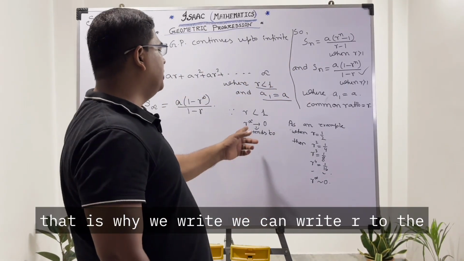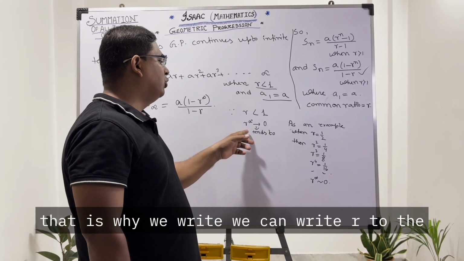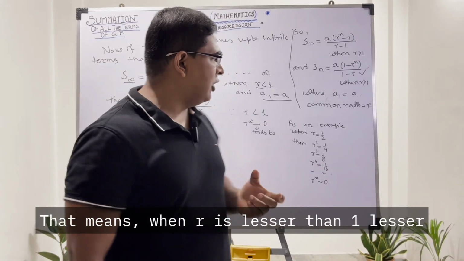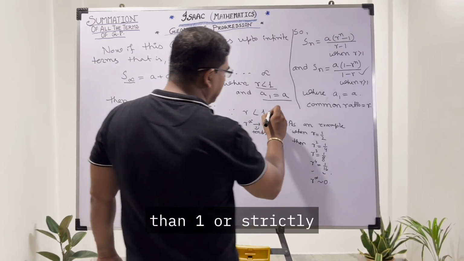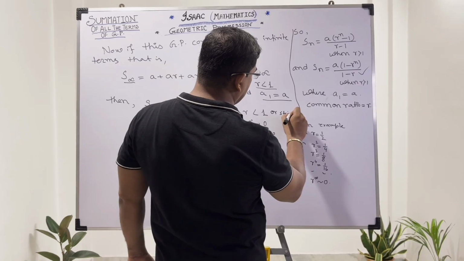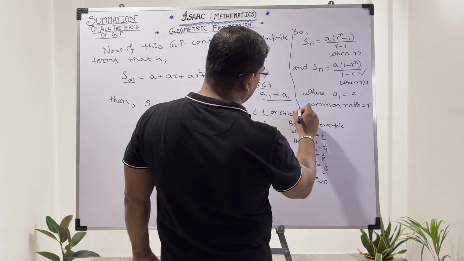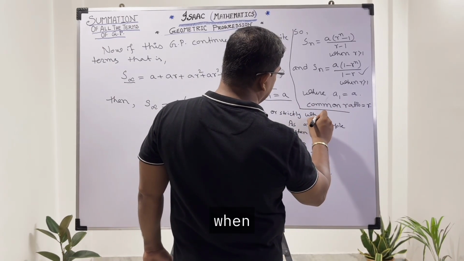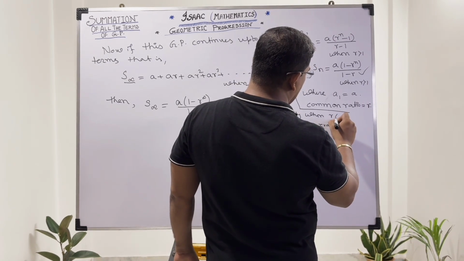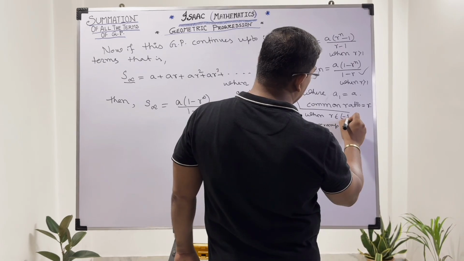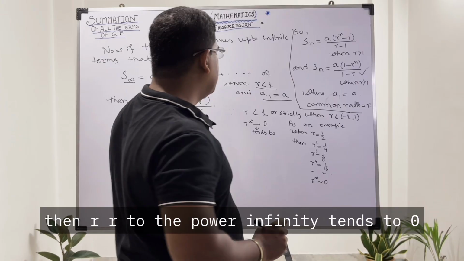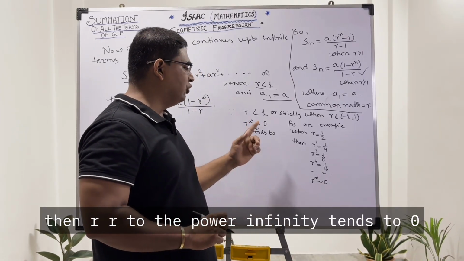That is why we can write r to the power infinity tends to 0. Okay, that means when r is lesser than 1, or strictly when r belongs to -1 to 1, then r to the power infinity tends to 0.